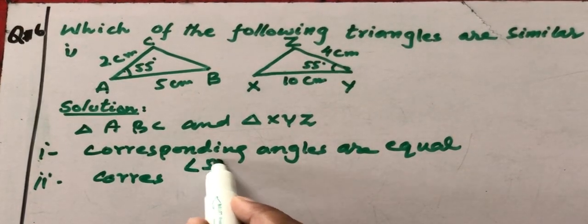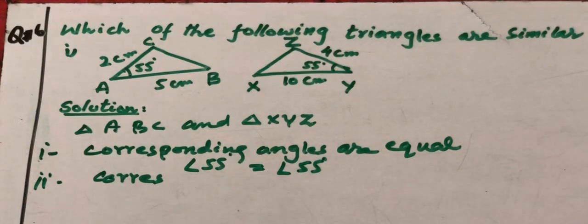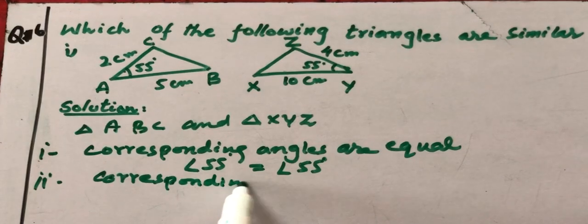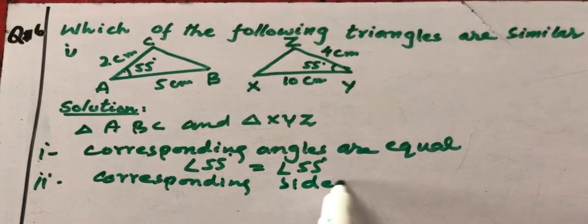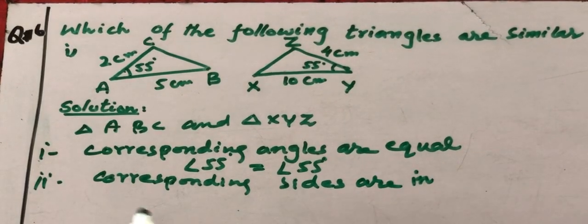Here we write angle 55 is equal to angle 55, and the corresponding sides are in the same ratio.